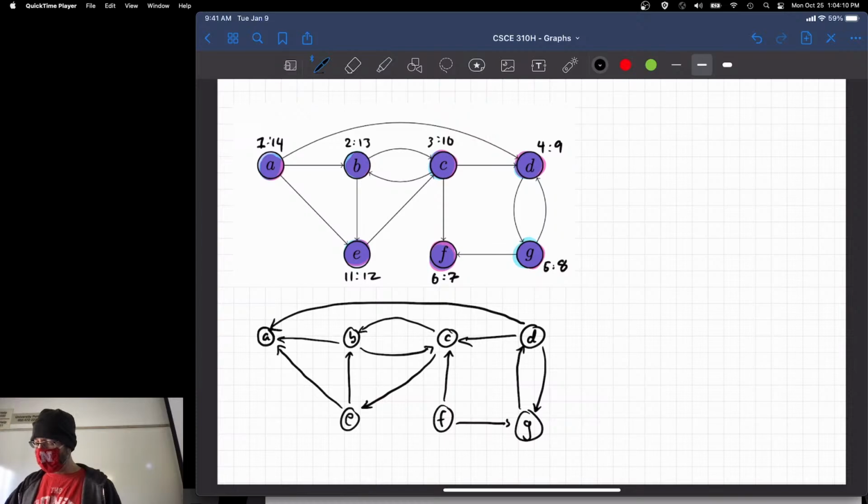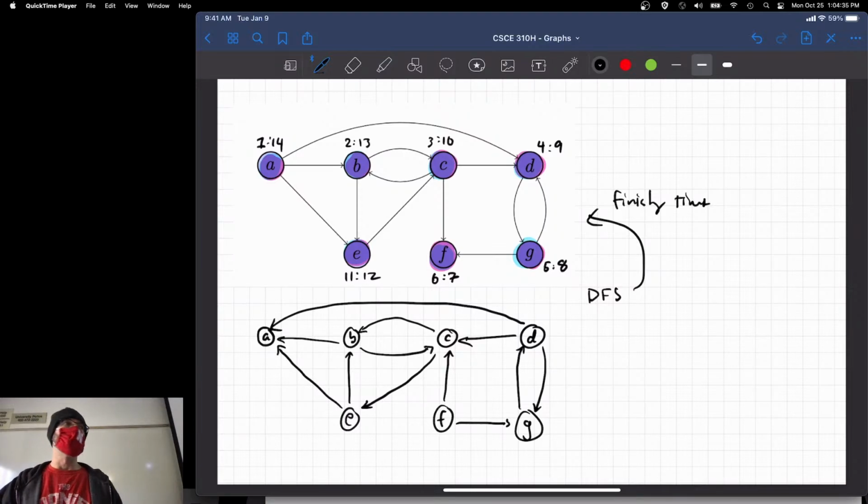I'm pretty sure B. Done, C. Okay, yeah. So now what we'll do is we'll perform a DFS, but instead of in an arbitrary or a lexicographic order, we're going to do it with respect to the finishing times from up here.